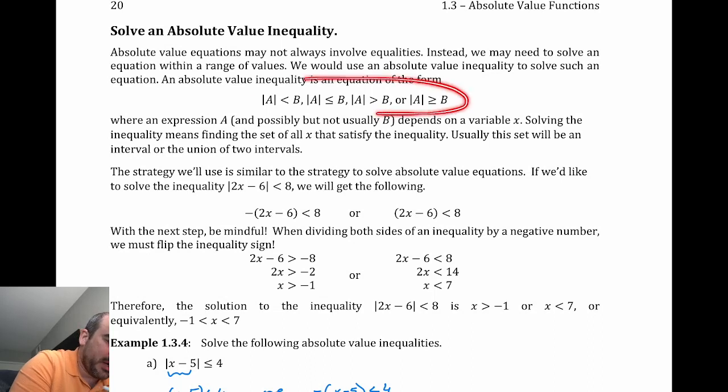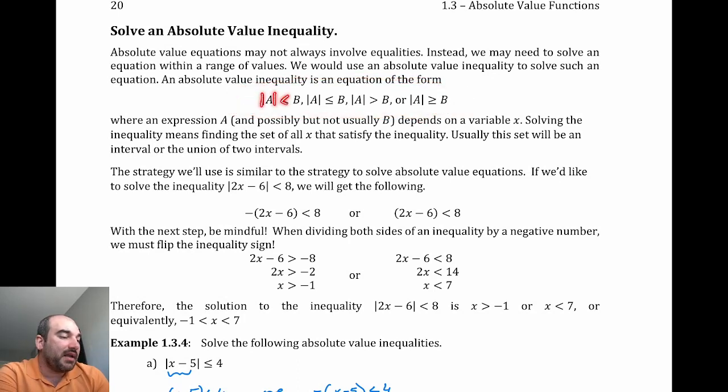This up here is telling you all the different ways that you could have an absolute value inequality. You can have an absolute value less than a number. You can have an absolute value less than or equal to a number. You can have an absolute value greater than a number or greater than or equal to a number. Because there's two different versions of each direction of inequality, you get four different ways that you could have an equation here. We're going to group some of these together.